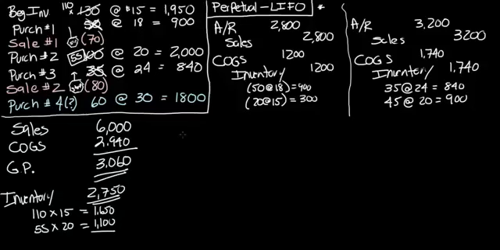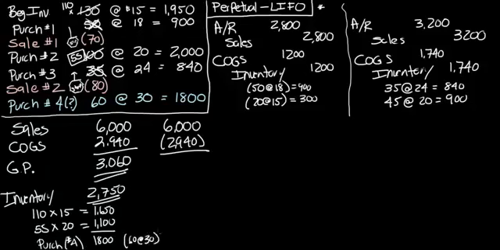All right. Now, if I had gone ahead and purchased this and included that in the transaction, well, you can see right away, because it's perpetual, I do a stop and look back. So my costs of goods sold are not going to change, because when I do my look back, these units weren't in my books. So the entire additional $1,800 of purchase number 4, which was 60 units at $30 a piece, is going to go right into inventory.